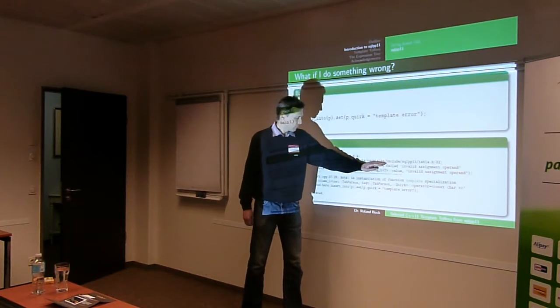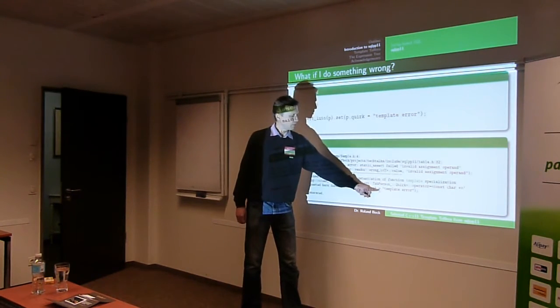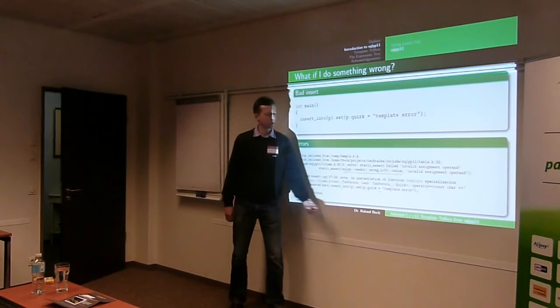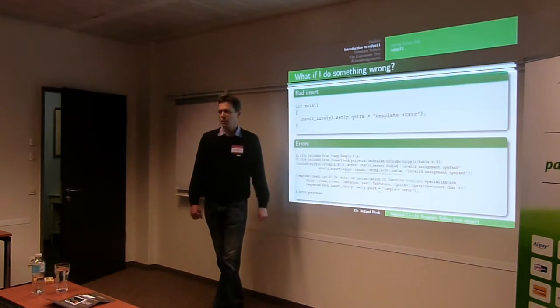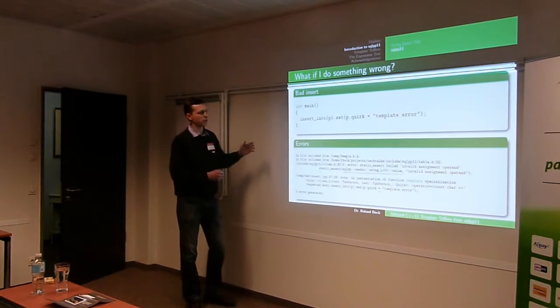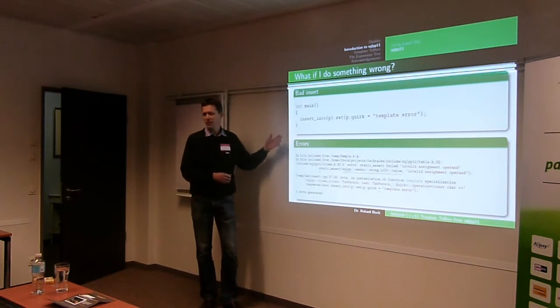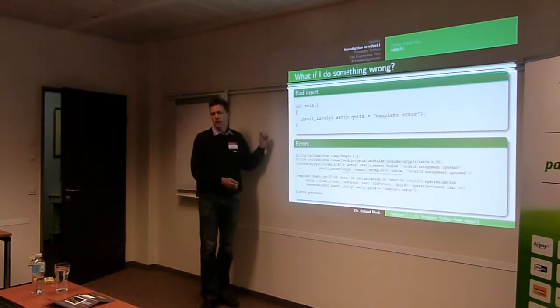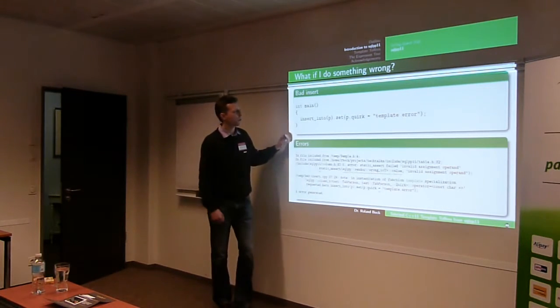That's the first line. And the second line says, okay, here, at this equal sign, you're doing something wrong. And of course, that is also a work in progress. Not all error messages are as short as this. But if you get really long error messages, I would consider that a bug in the library. I'm going to show you another example.